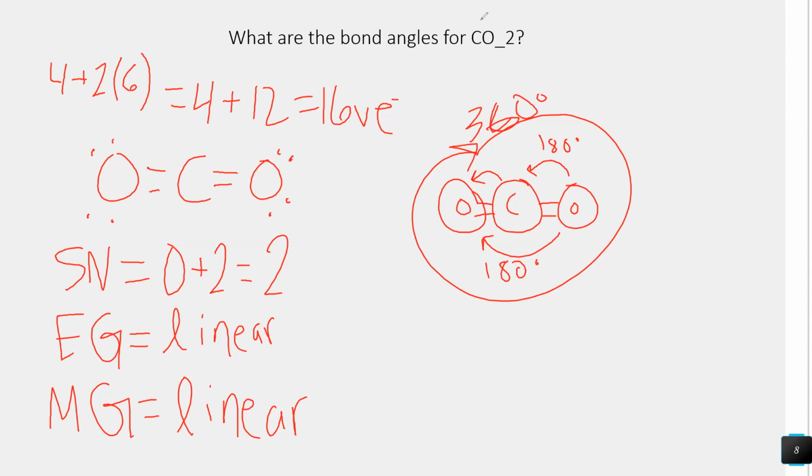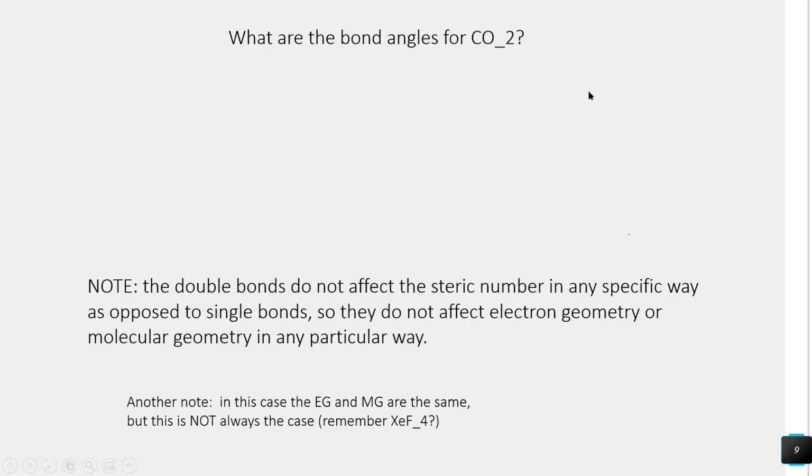Okay, let's move on. Actually, just a quick note on this particular molecule. We were just looking at CO2's Lewis dot structure. We see that it has double bonds, and some students might mix this up and say, okay, it has a steric number of 4 because there are 4 bonds.